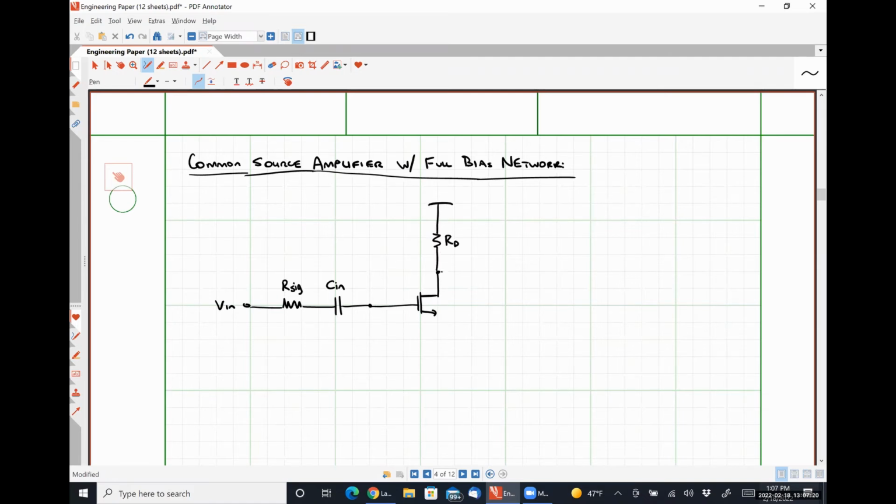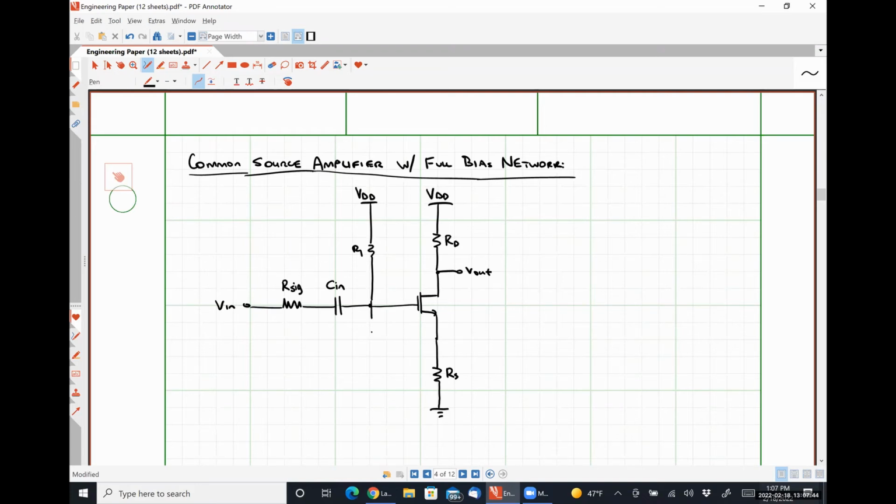Here's our resistance RD. Here's where we take our output voltage V out. Here is our resistance RS. Here's a resistance R1. This is VDD.